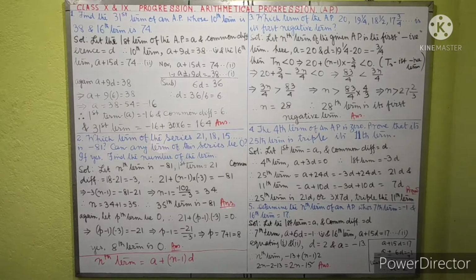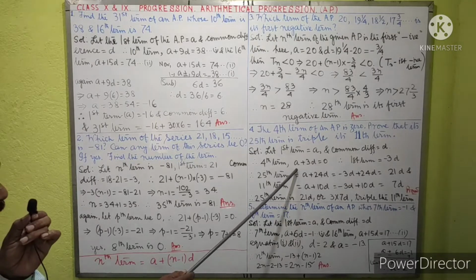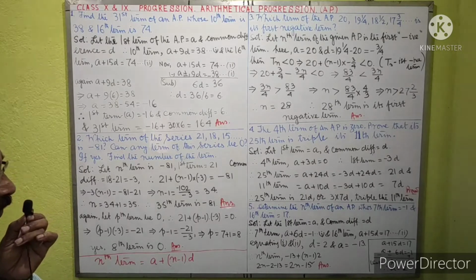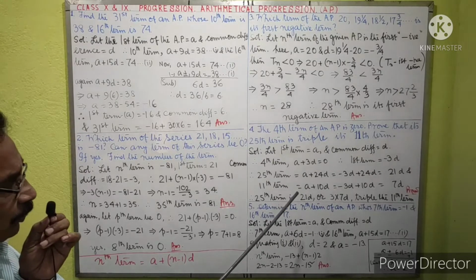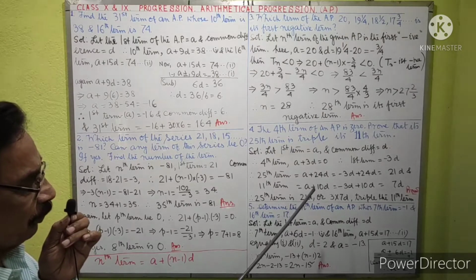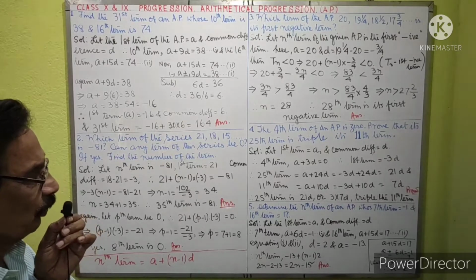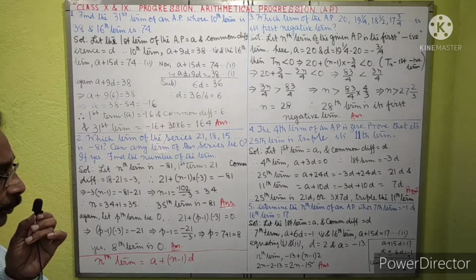Therefore the first term A equals minus 3D, and the 25th term will be A plus 24D, that is minus 3D plus 24D, that is 21D.